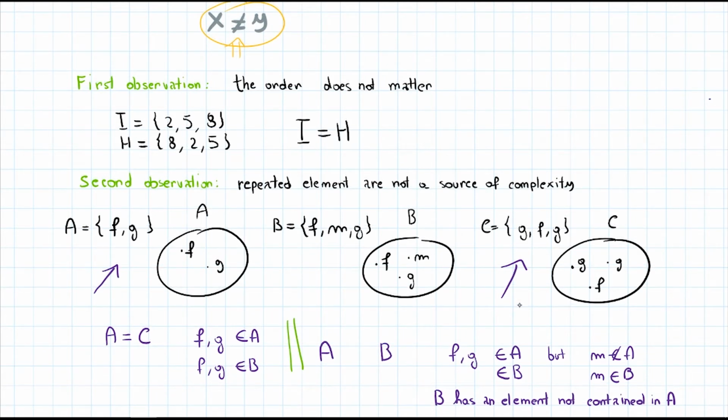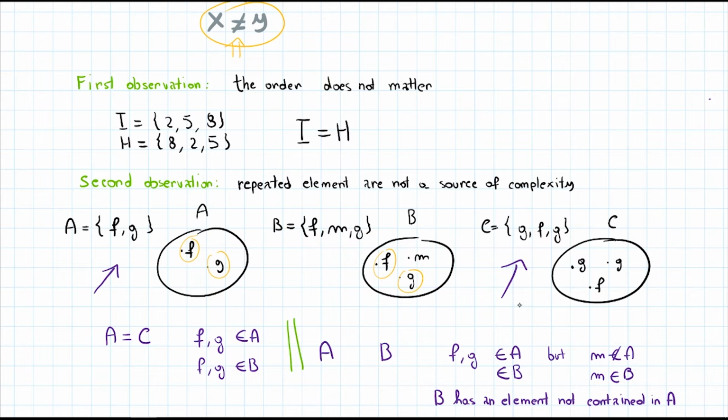If we want to relate instead the sets A and B, we can observe that f and g both belong to A and B. So we have f, we have g, we have f and g, so they both belong to both sets.